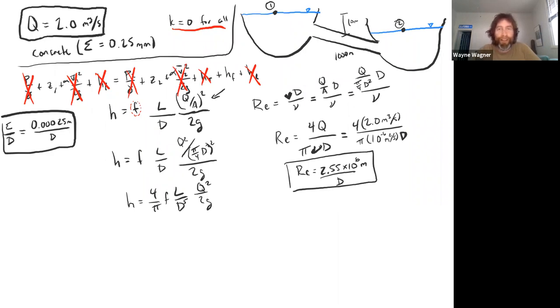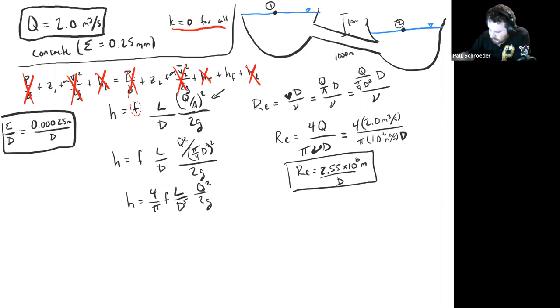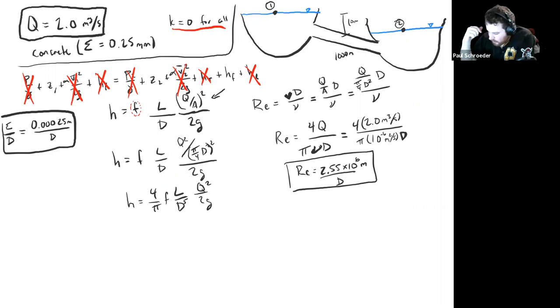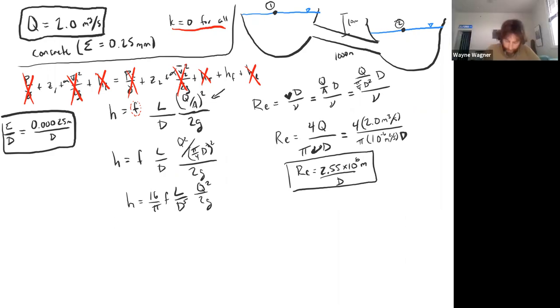Is that what you're getting? Did I make an error in there? So I got FL, I got 16Q squared. I forgot to square the 4. Right, okay, go ahead. 16Q squared over 2 pi squared D to the 5th G, and then that's times FL. Yeah, okay. So that's the same as what I got, it's just mine's uglier.